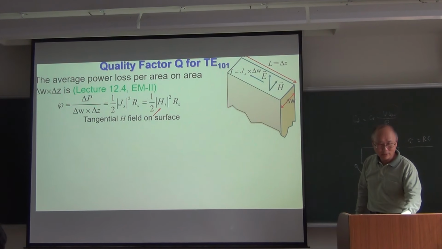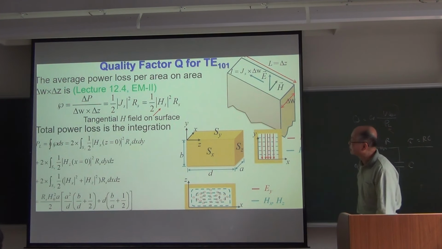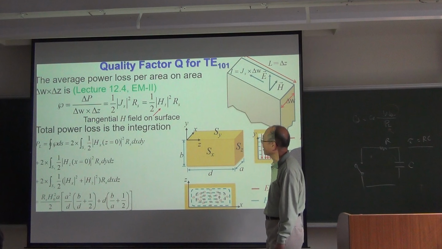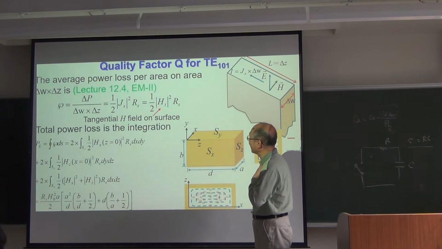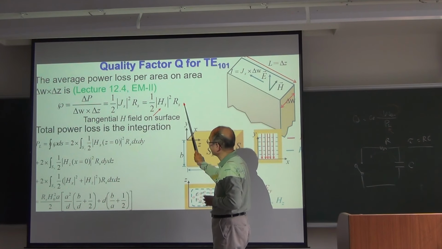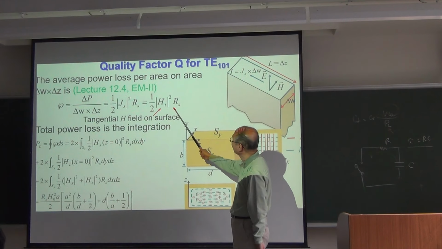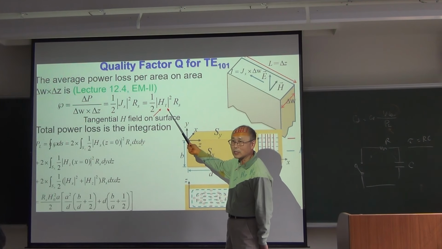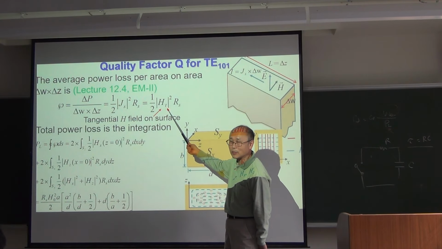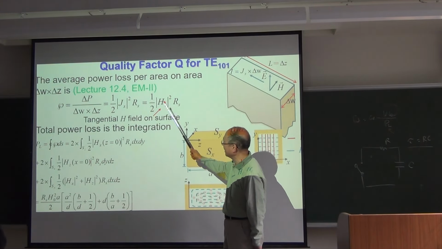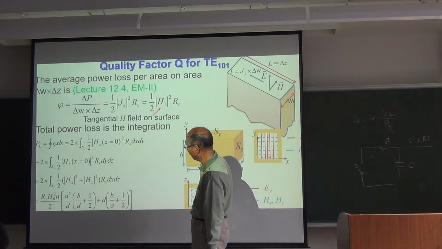Okay, so let's do it. Previously, we knew that the surface loss per unit area is given by this expression. You need to identify the surface current from this surface magnetic field, Hx and Hz. Each accounts for 4 surfaces.